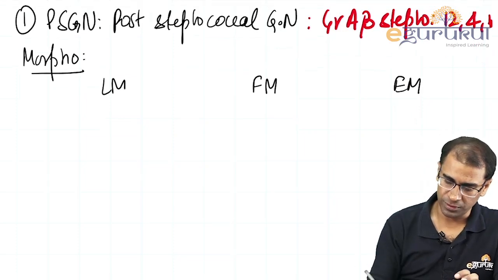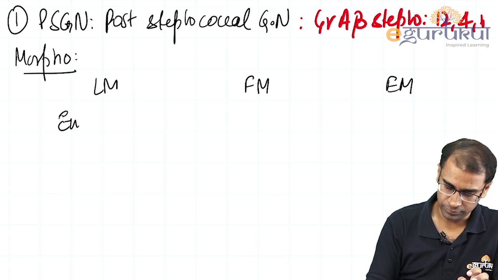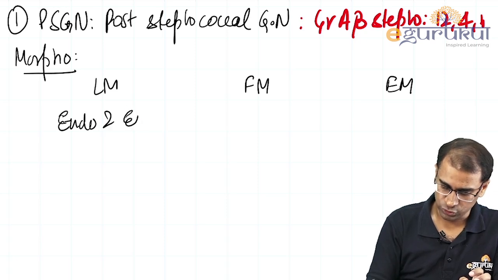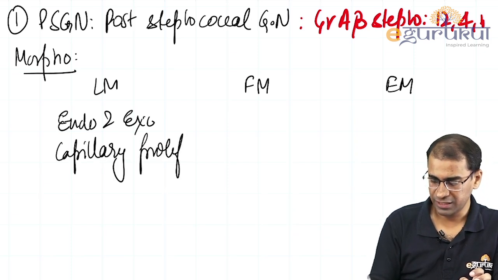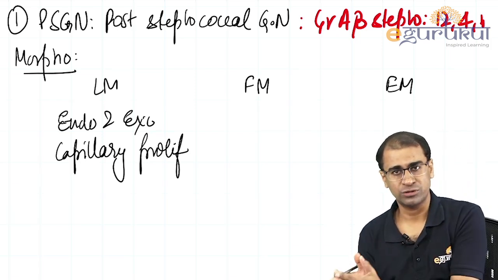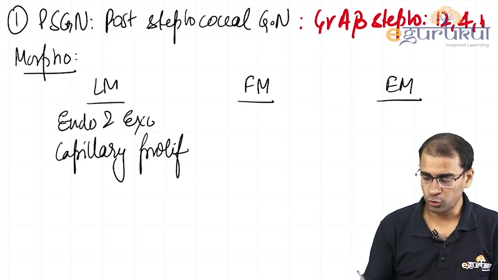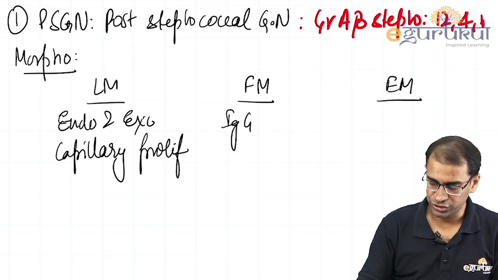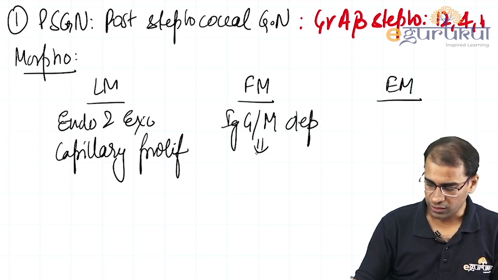Light microscopy shows endo and exo capillary proliferation. That means the neutrophils are both inside the capillary and also outside the capillary. Fluorescence microscopy shows IgG and IgM deposition, which shows granular deposits.